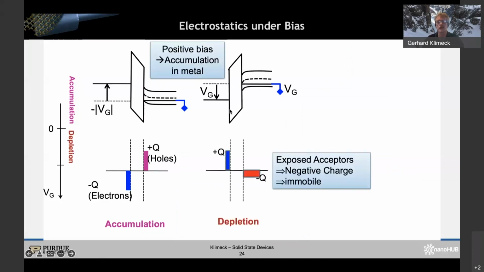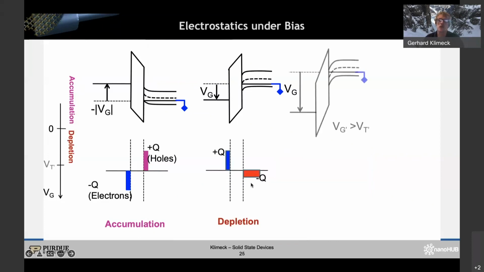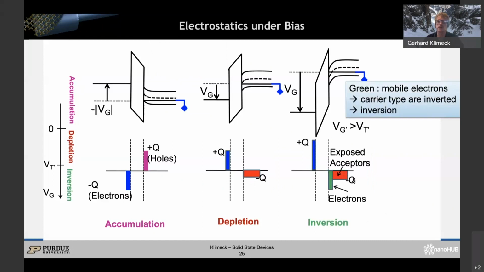So as I deplete the holes, I have the acceptors being exposed, and I have a charge here on the capacitor side. And if I increase the voltage further, I'm driving the system not only to exposing more acceptors, and the depletion region gets larger, but I will also invert this region here and have electrons being available.